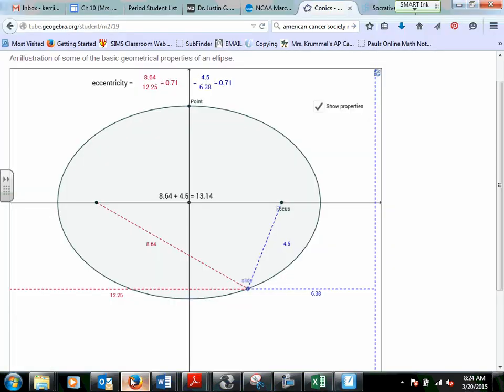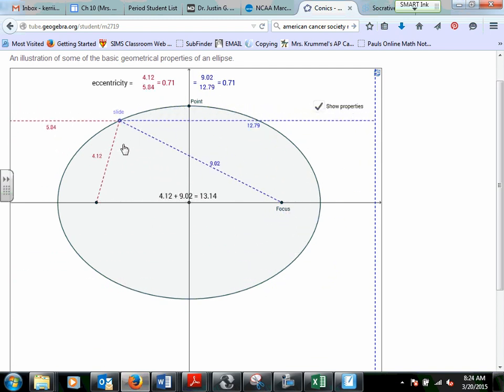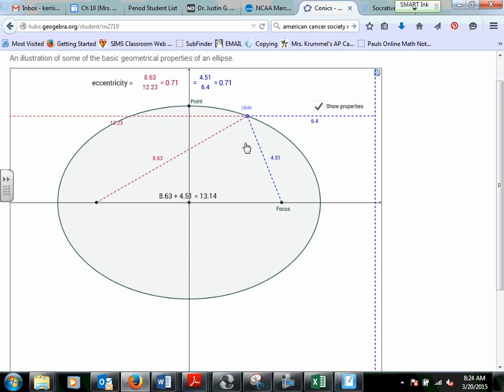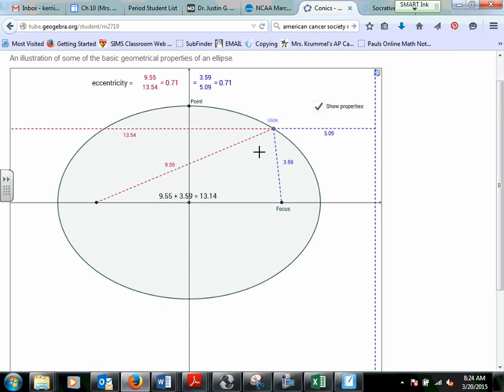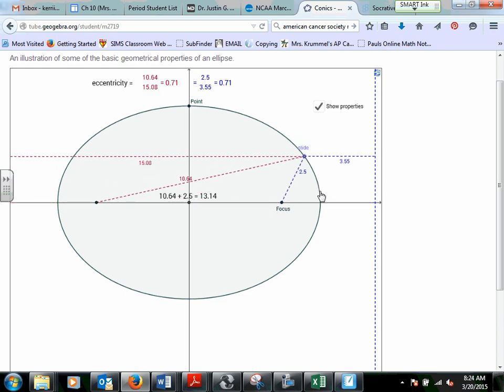Let's go back to this. What is true about these red and blue distances? They always add up to be the same. So let's talk about when we are here. What are the red and blue distances when we are here?